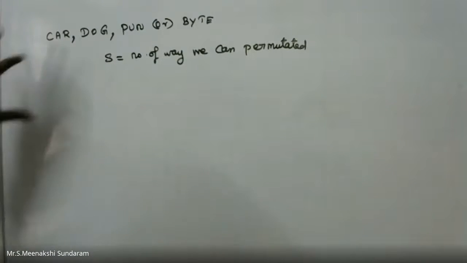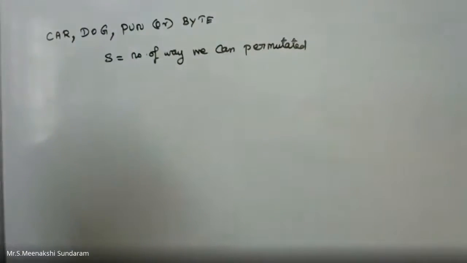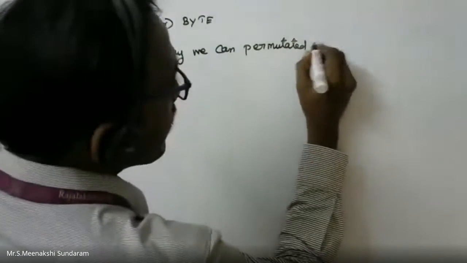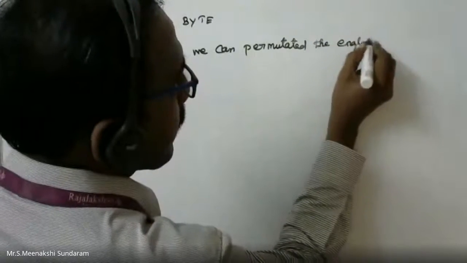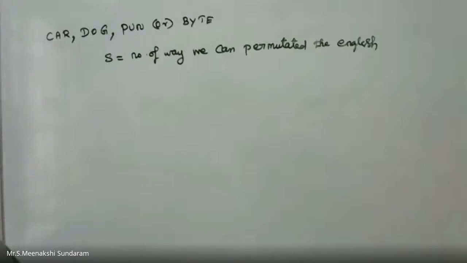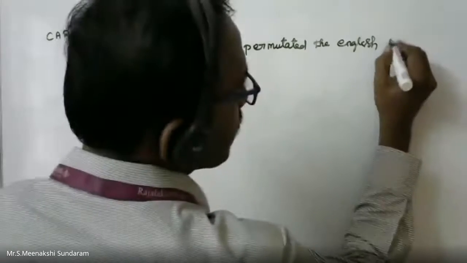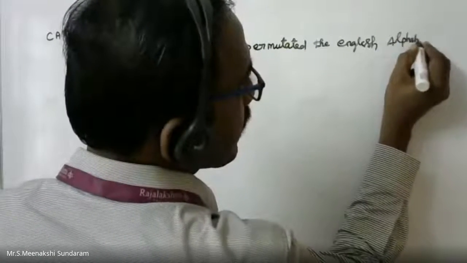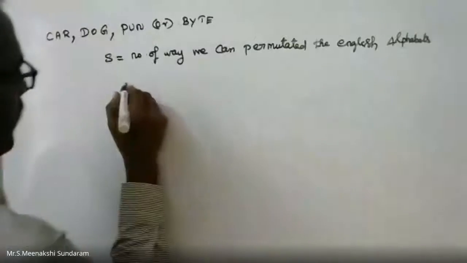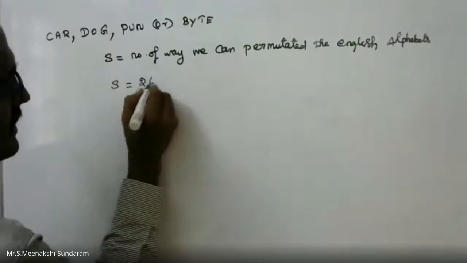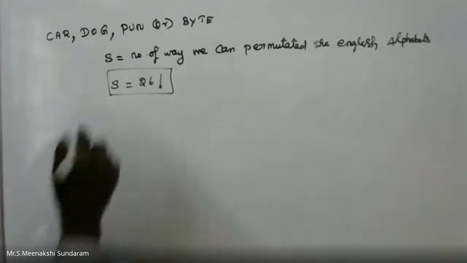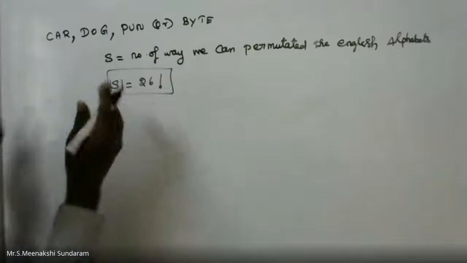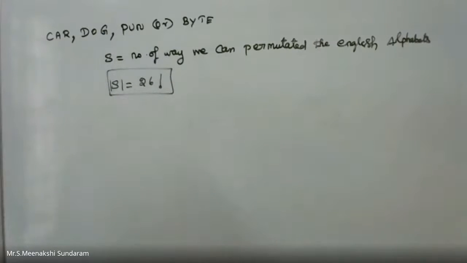Here also I use permutation. The number of ways we can permutate the English alphabet is 26 factorial. S is 26 factorial. The modulus of S, normally we write it to count how many elements there are. So the modulus of S indicates how many elements, there are 26 factorial.